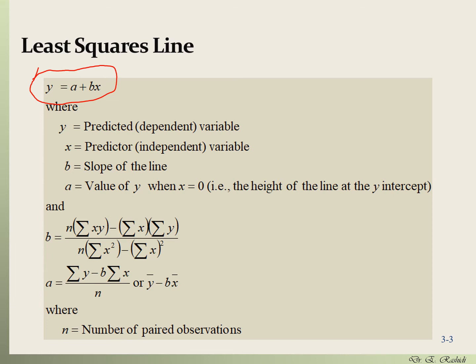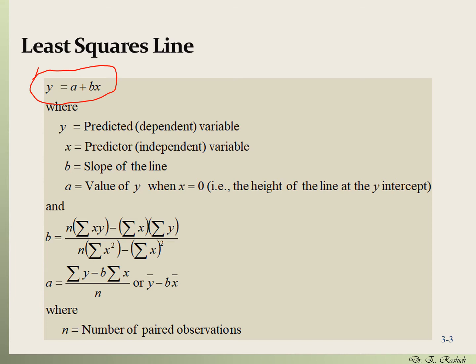X, on the other hand, is the predictor variable or the independent variable. The value of Y is dependent on the value of X based on this equation. B is the slope, as we saw already in the linear trend formula, and A is the intercept. That means the value of the dependent variable Y when X, the independent variable, is equal to 0.